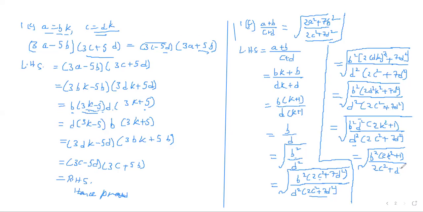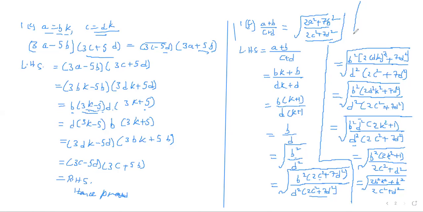So 2c square plus d square equals to the square root of, now we open the bracket, so 2b square k square plus b square over 2c square plus d square.